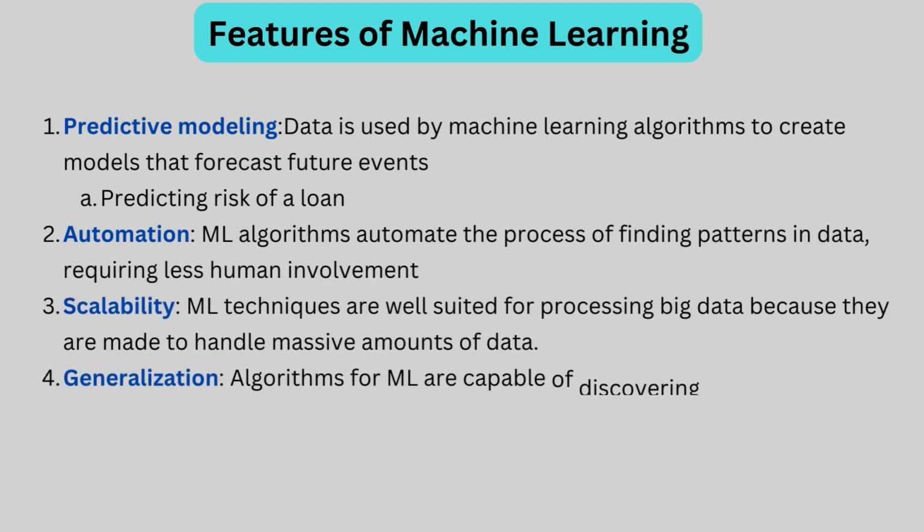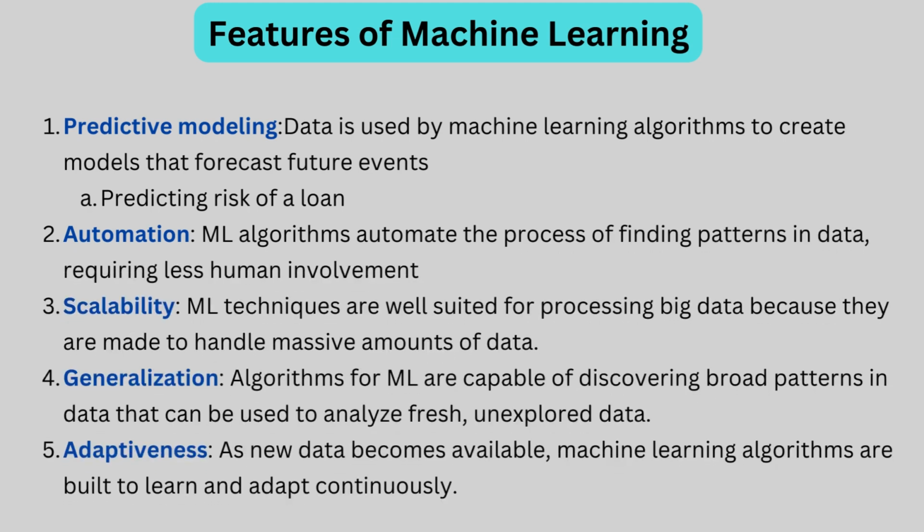Okay, machine learning has these features of predictive modeling, automation, adaptiveness, scalability, generalization, and so on. There are a lot, right? So in the predictive modeling feature, data is used by machine learning algorithms to create models that forecast future events.